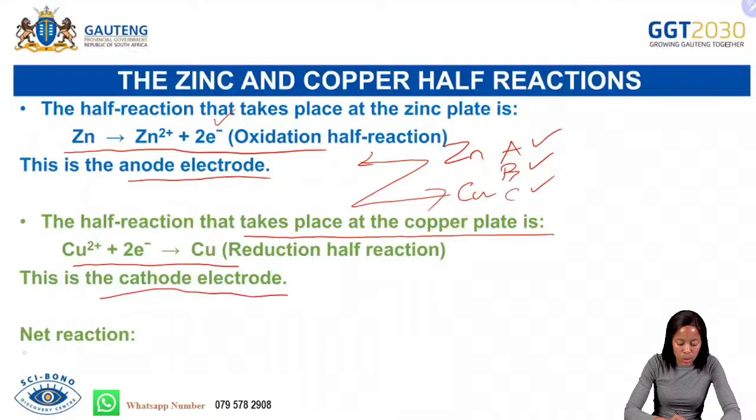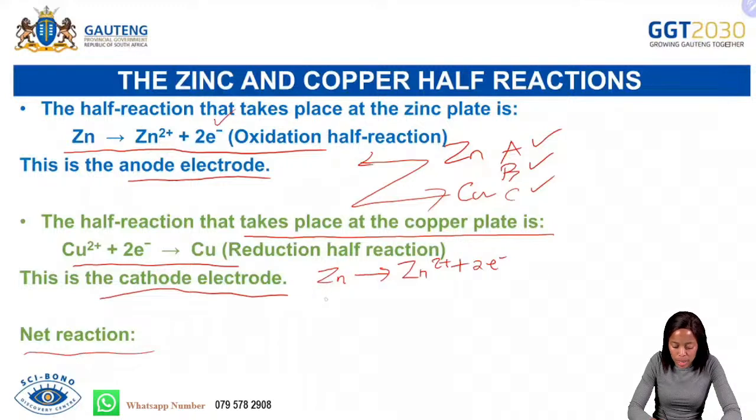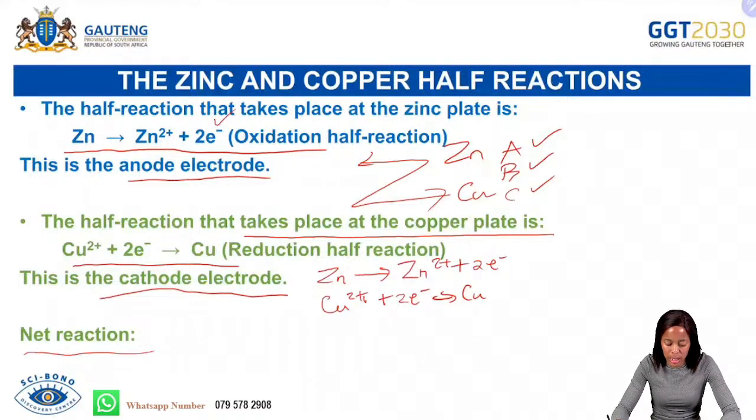Now how do you do the net reaction? You are going to write your correct oxidation half reaction, which you get from your table 4b, and then your correct reduction reaction.